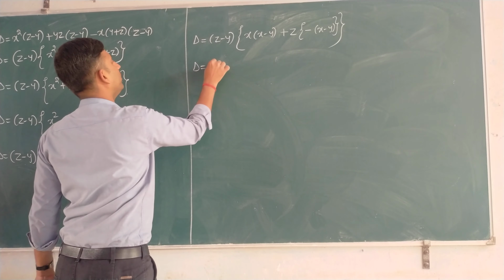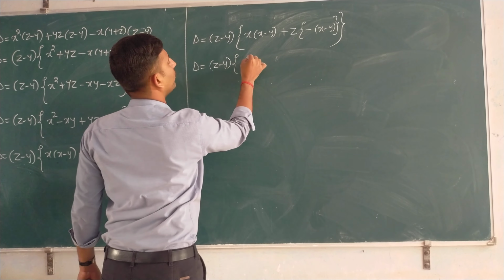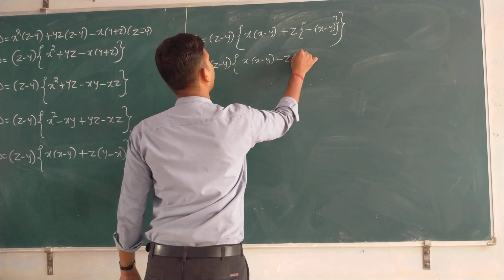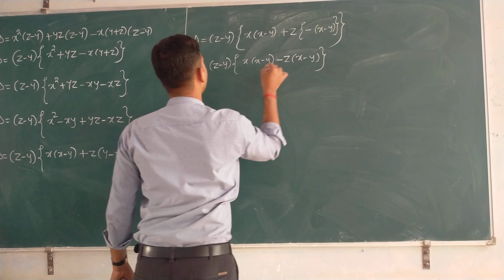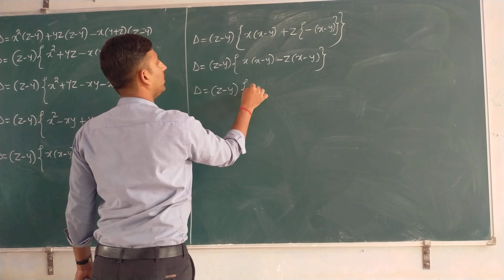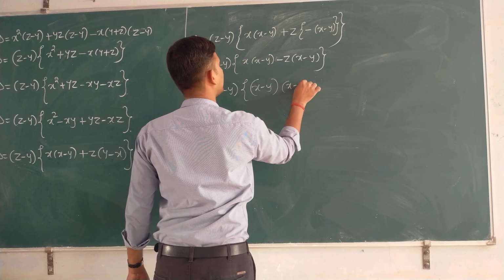Delta is equal to z minus y, out of 2 x into x minus y minus z into x minus y. Delta is equal to z minus y, x minus y, x minus z.